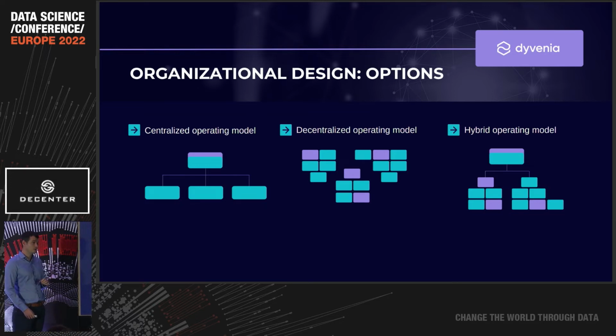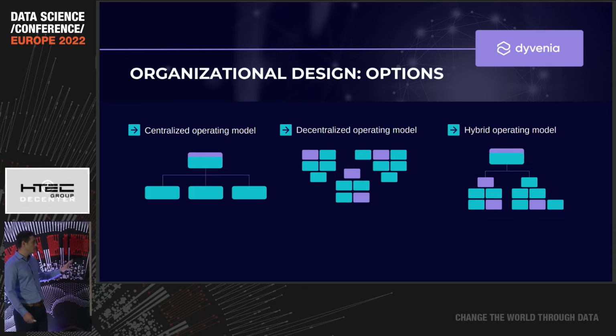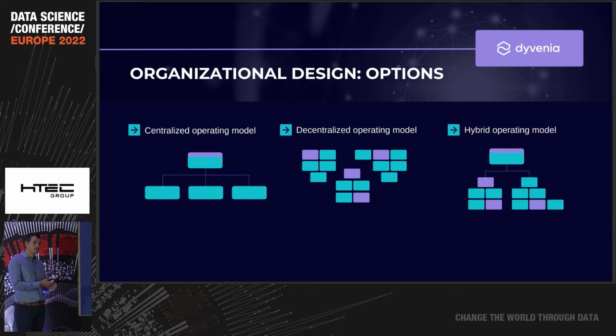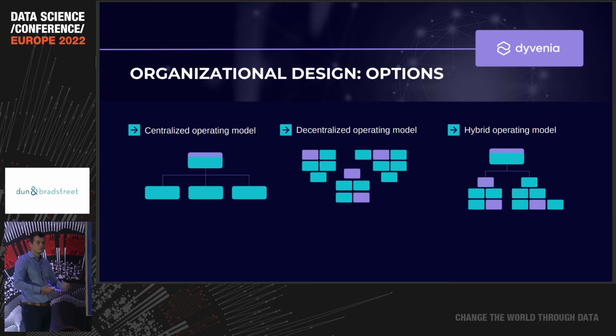I think it's mostly a technology issue, and I will come back to that. But right now, we are more towards, let's have a centralized team, but let's also allow other teams to work together with us. So let's try to build a hybrid model between those two solutions.